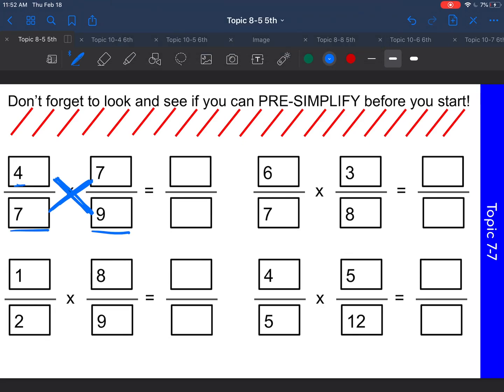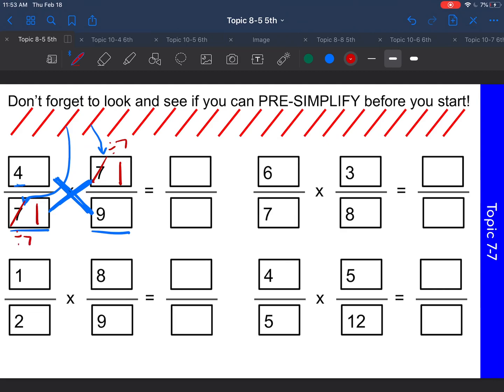So what I want you guys to do when you're watching these, okay, take the red sticks and just put them over the numbers that you're crossing out. Okay, so in this case, I'd cross out the 7 and the 7. And then type in the new number that it is. So 7 divided by 7 gives you 1. 7 divided by 7 gives you 1.